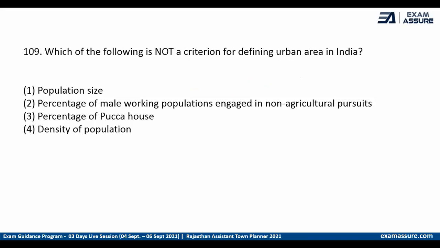Which of the following is not a criterion for defining an urban area in India? If you're aware of the definition of an urban area, it has to do with population size, density of population, and the male working population in non-agricultural pursuits. To define an urban area, all these three things have to be there.